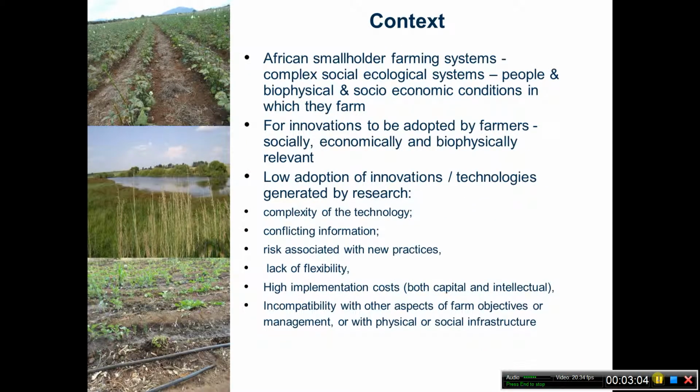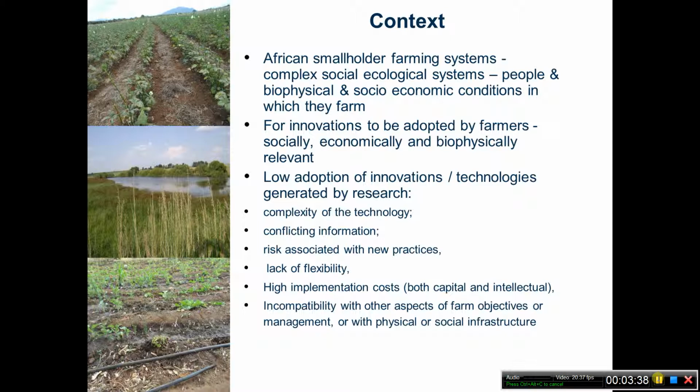If we step away from the particular project for a moment and think more broadly in the context of African smallholder farming systems, African smallholder farming systems can be considered to be complex social ecological systems, as they are made up of people or farmers, and these farmers operate in a certain biophysical environment, and they also farm within certain socio-economic conditions.